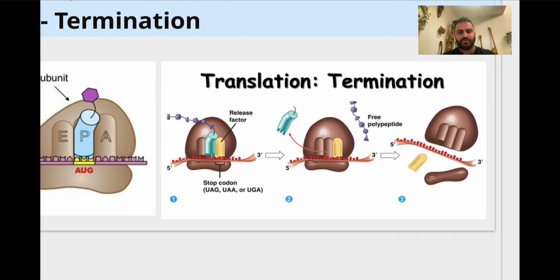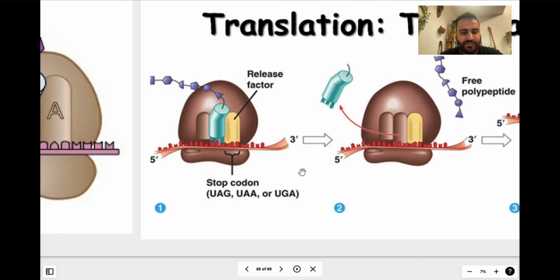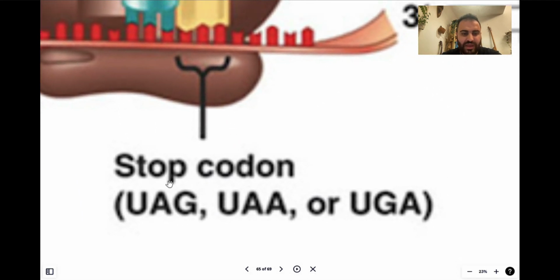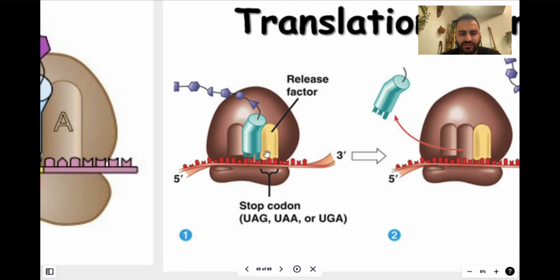So when does termination happen? Termination happens when there is a stop codon in the messenger RNA. When a stop codon is reached, any of the three codons, UAG or UAA or UGA, what will happen? A release factor will stop translation and the amino acid sequence is going to be released.